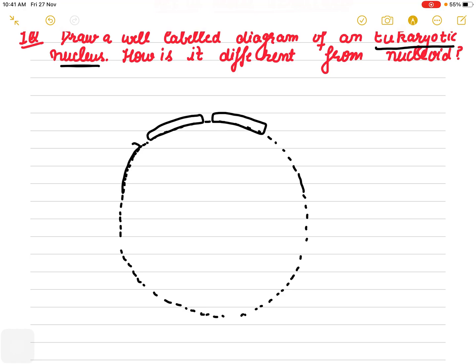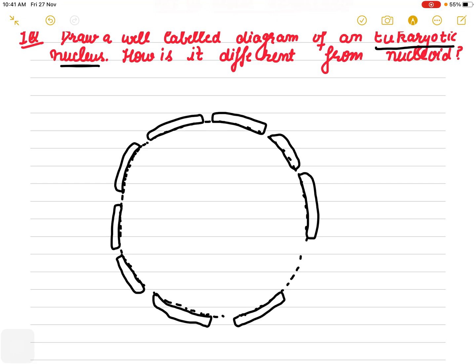So you can draw it like this. In this way you can complete the whole circle. You have to leave a few gaps in between, and in this way the outer membrane is present in the eukaryotic nucleus. It is present with the gaps.